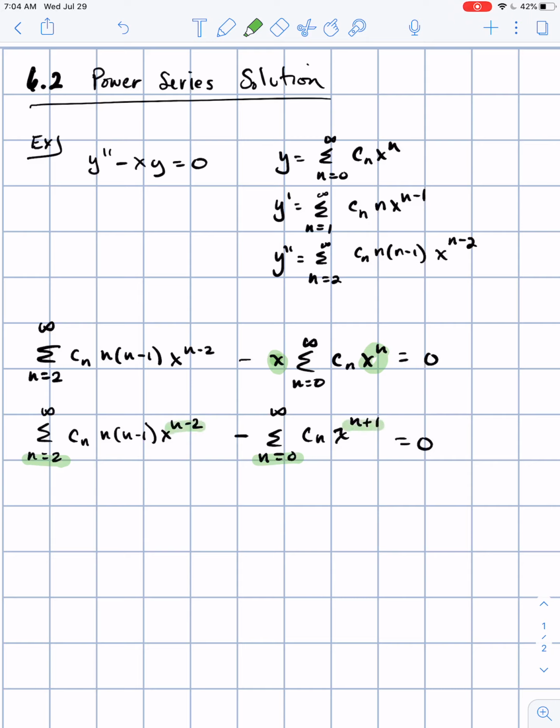You want this to be x to the k. So I know in this situation I'm going to make k equal to n minus 2, and in this series I'm going to make k equal to n plus 1. The only issue is, remember to then plug in, right? If you're plugging in 2 in the first one, you're going to get 0, but if you plug in 0 into the second one, you get 1.